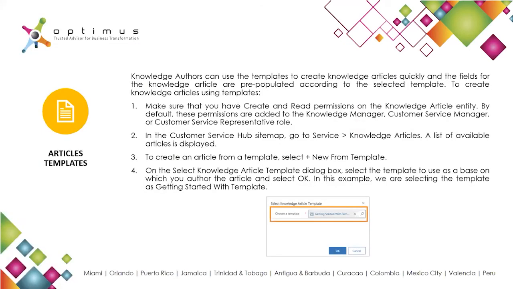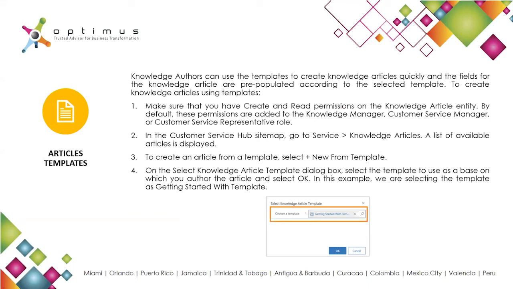Okay, article templates. How to use the article templates. There are many different cases where you could use this one. Basically, when you want to define all your articles in a standard way, it's a good idea to define a template with all the images and all the structure, and just allow the users to configure the specific content, but all the structure of your article must be the same.